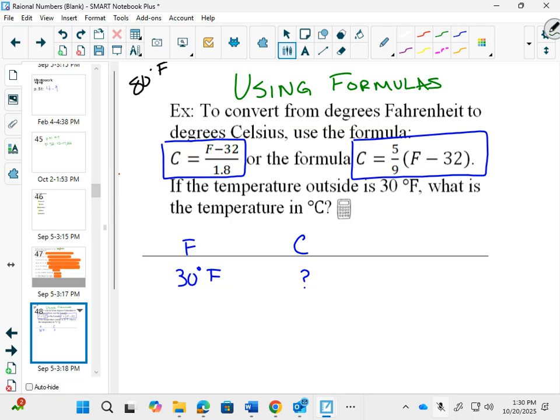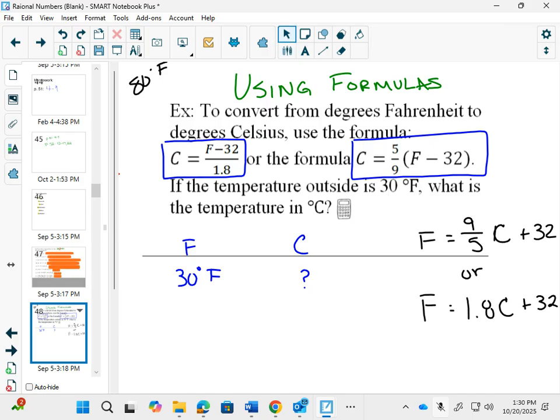Where you get the Fahrenheit by itself. F is equal to Celsius times the reciprocal.